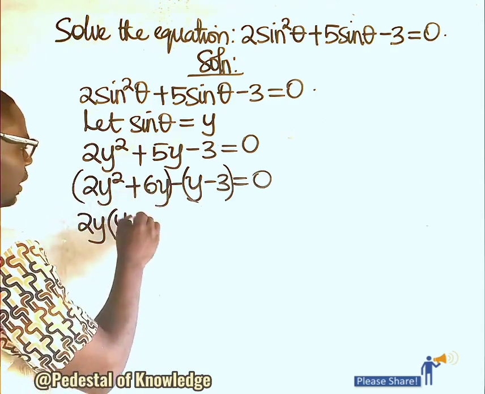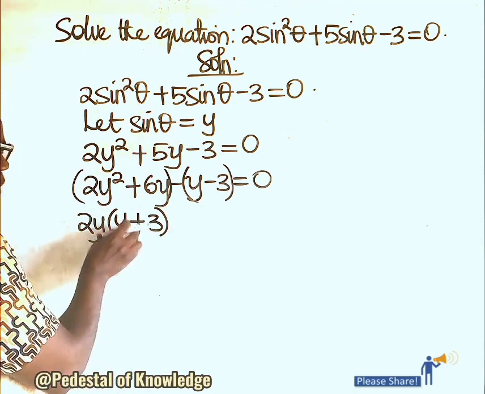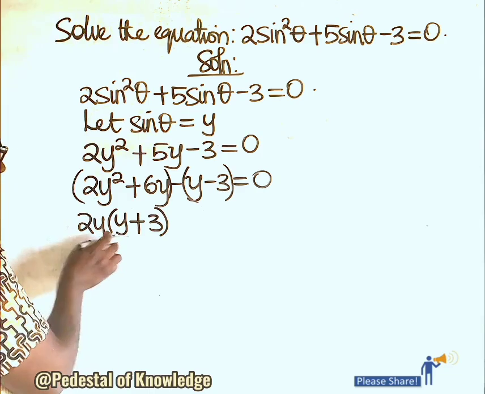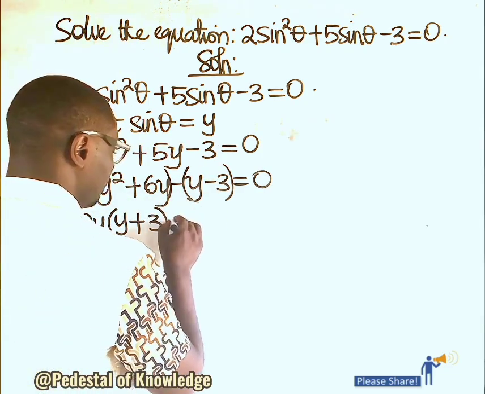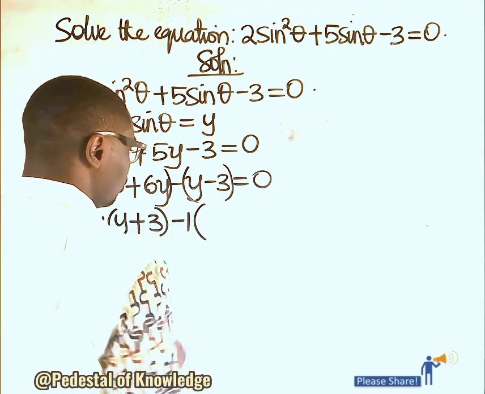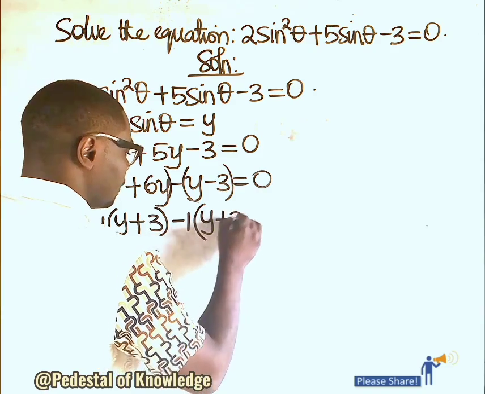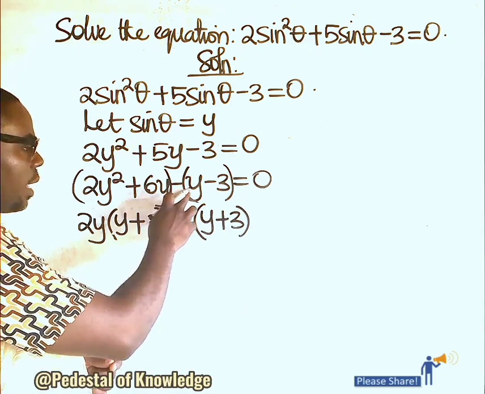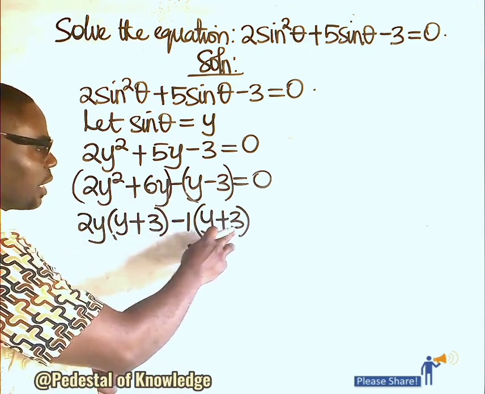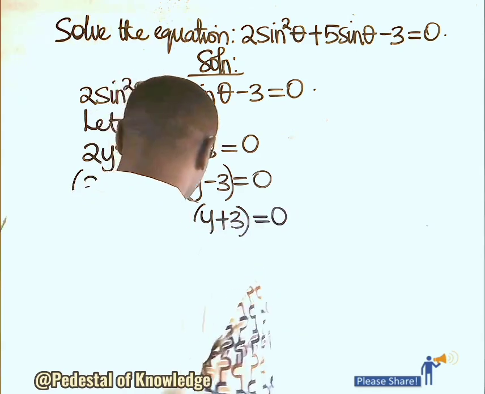Now, what remains here is 3. Because 2y times y will give us 2y squared, and 2y times 3 will give us 6y. Now, we have here minus 1 into, now, what we have here is y plus 3. Because minus 1 times y will give us minus y, and minus 1 times plus 3 will give us minus 3. Okay, now this is equal to 0.